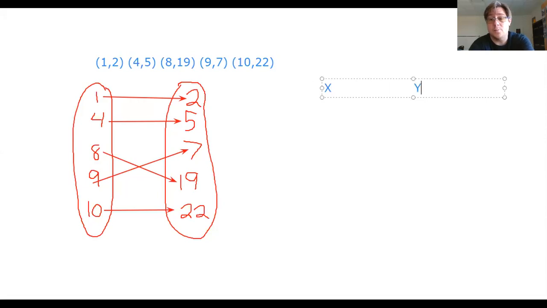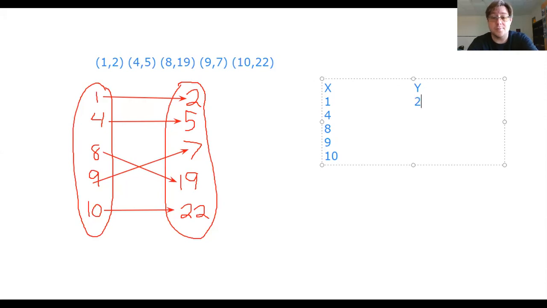So we have X and Y. We have 1, 4, 8, 9, and 10. Now I'm going to write out the independents in order, but the dependents need to match them based on their ordered pairs.